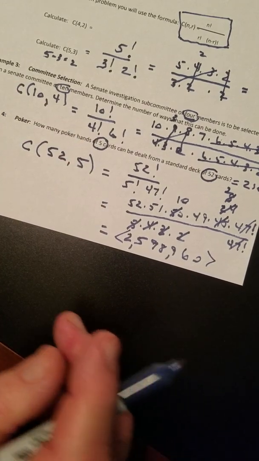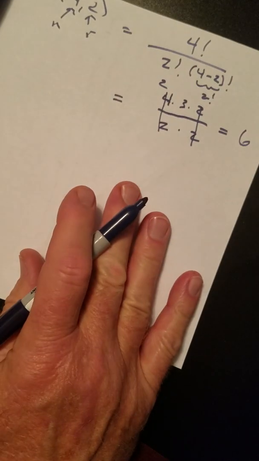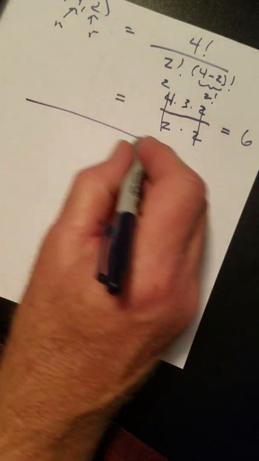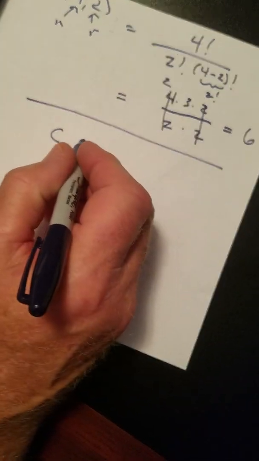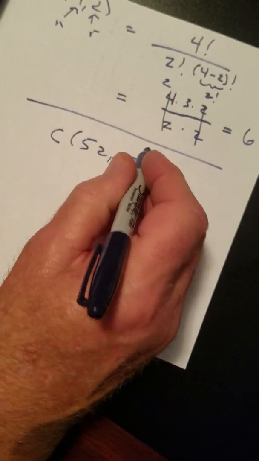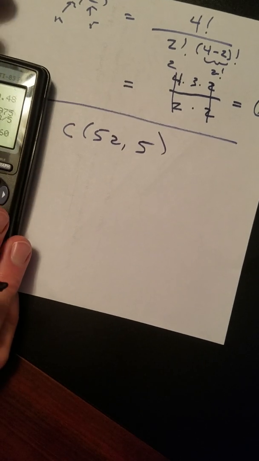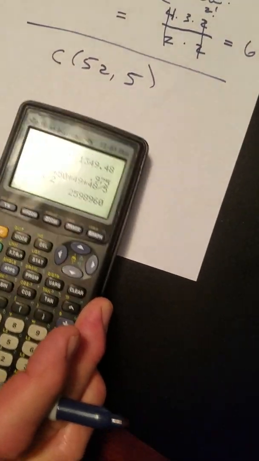Okay, now I'm going to show you something kind of neat. Let's say I'm going to do the same problem. I want a combination of 52 picking 5 at a time. Okay, so we'll look at the calculator.